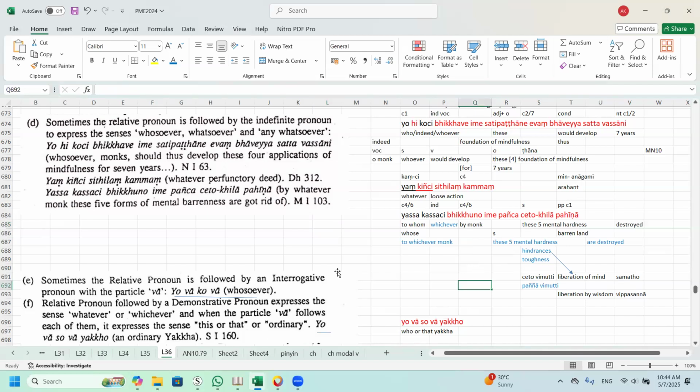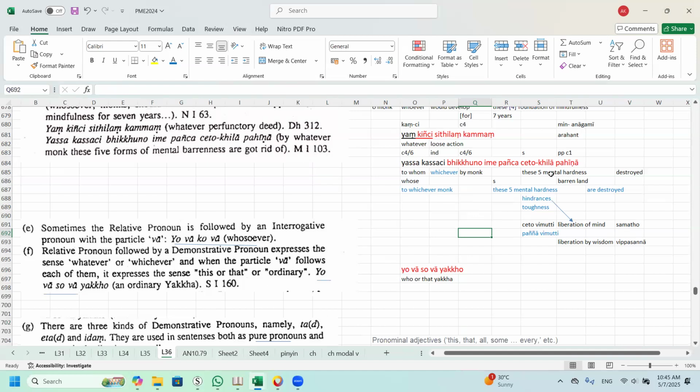So we will pinpoint, and then we look into what is behind it, what is the message behind. The message behind is something like that. Okay, we will move to this one. Sometimes a relative pronoun is followed by an interrogative.